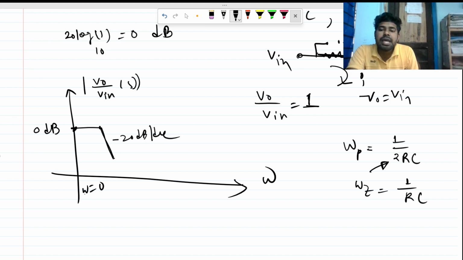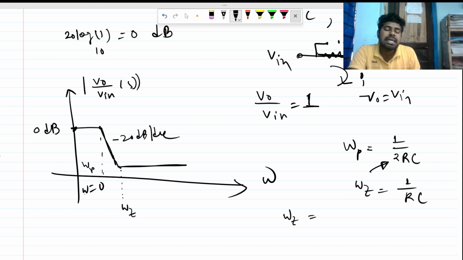Okay, now we have a 0 here. Let's say the 0 is here. So this is our omega z and this is our omega p. Now this will be like this, right? Because we know that at the zero frequency the slope is plus 20 dB per decade.